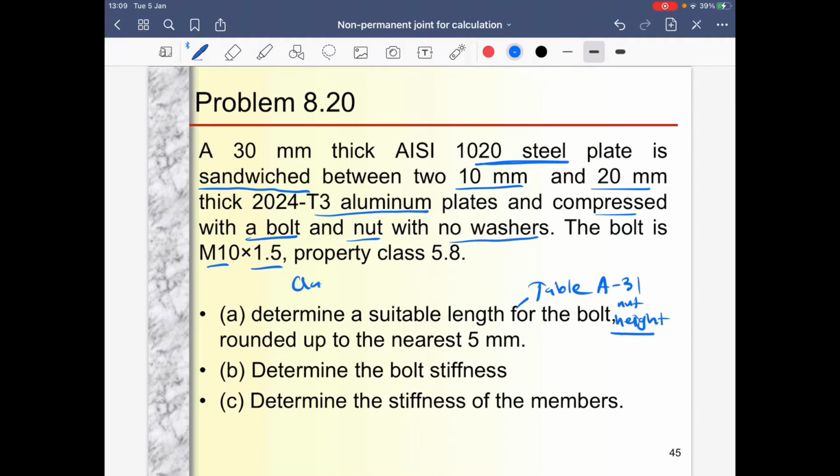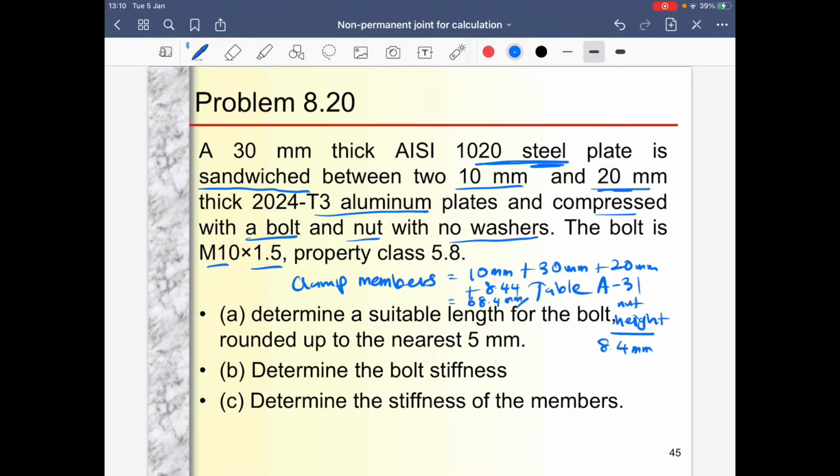So clamp members, 10 mm of aluminium, plus 30 mm of the steel, and then another 20 mm of the aluminium, and then plus the nut height, 8.4 mm. So overall you get exactly the value of 68.4 mm.